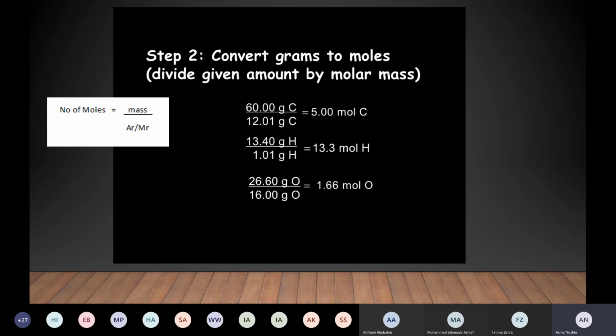Over here, the mass given for hydrogen is 13.4, divided by the mass of hydrogen from the periodic table, which is 1. Adifa asks why we do 12.01? Yes, when you look at the periodic table, sometimes it is written as 12.01. In some periodic tables, it is given as 12.01.